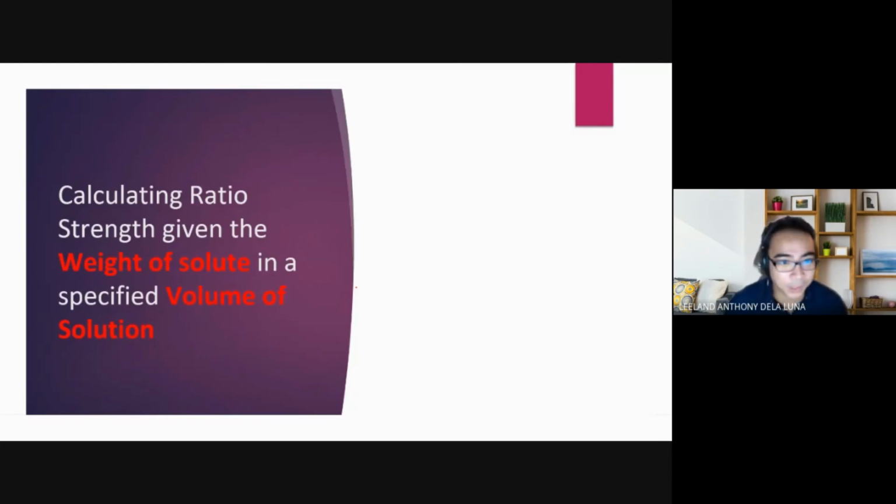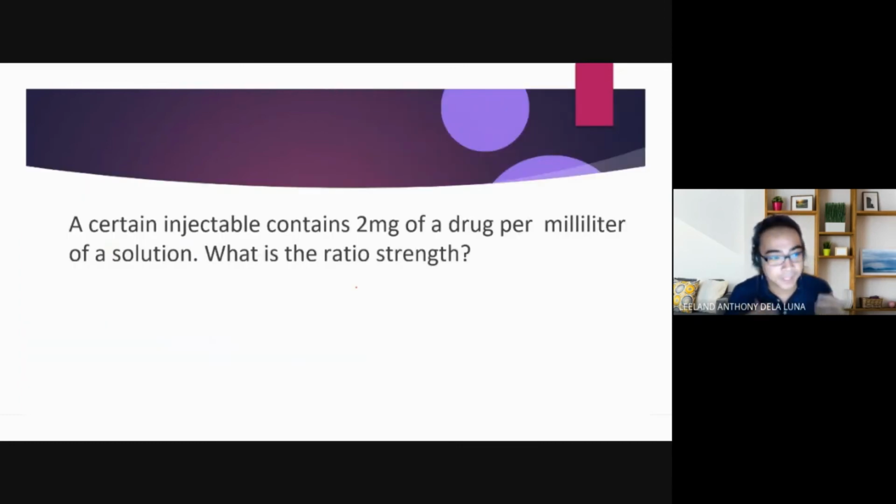Now, calculating ratio strength given the weight of a solute in a specified volume of solution. Okay? Let's say, for example, a certain injectable contains 2 milligrams of a drug per ml of a solution. What is the ratio strength? So, class, dito pa lang, binigyan ka na ng proportionality.